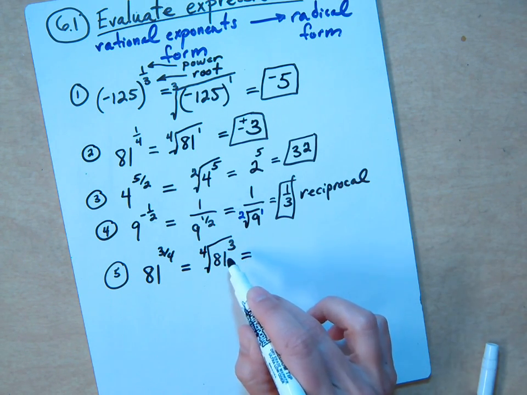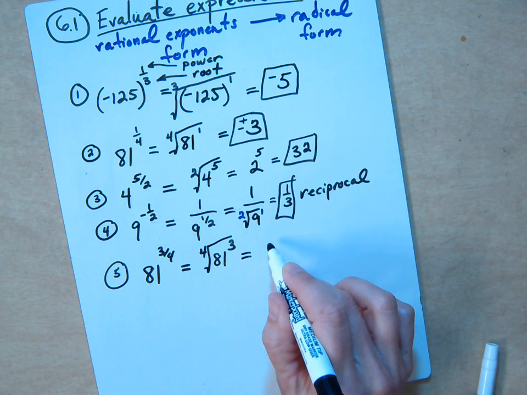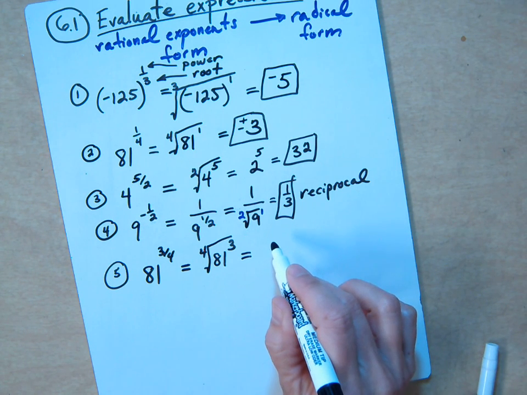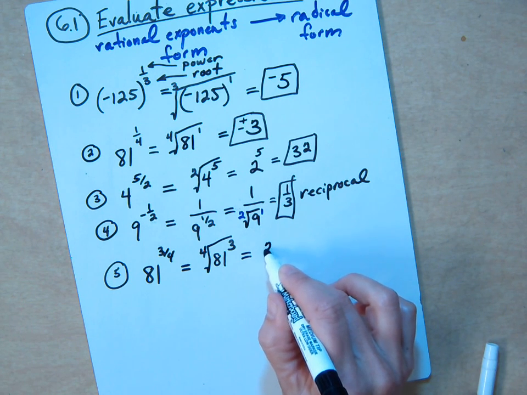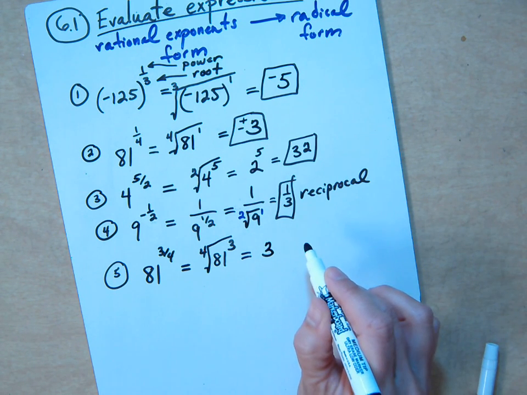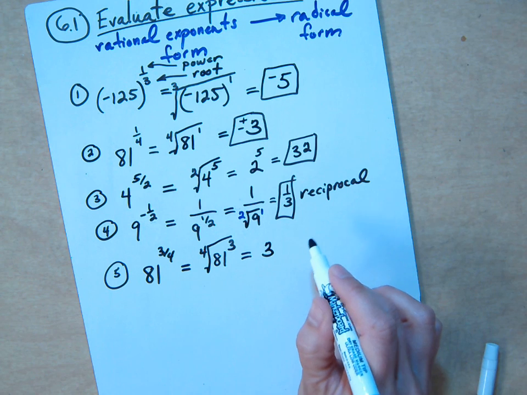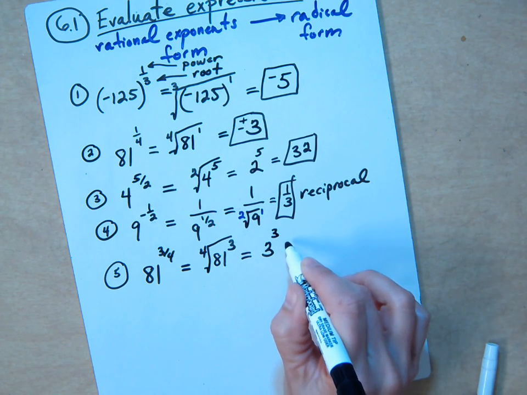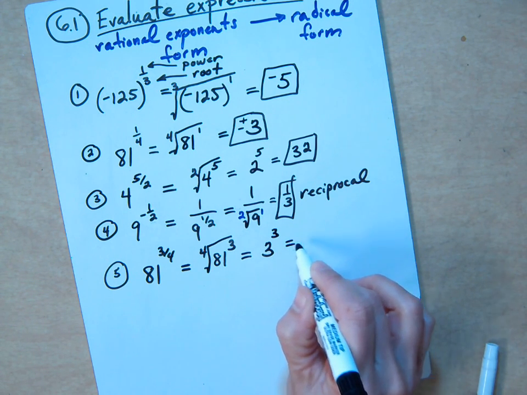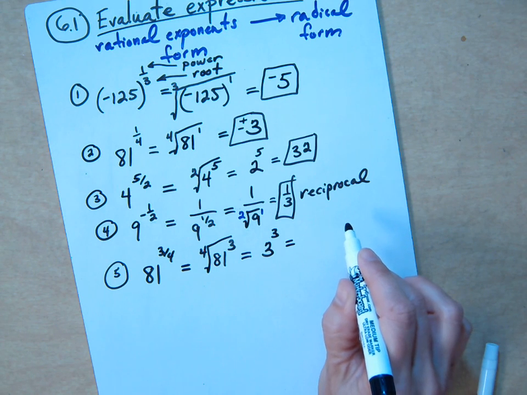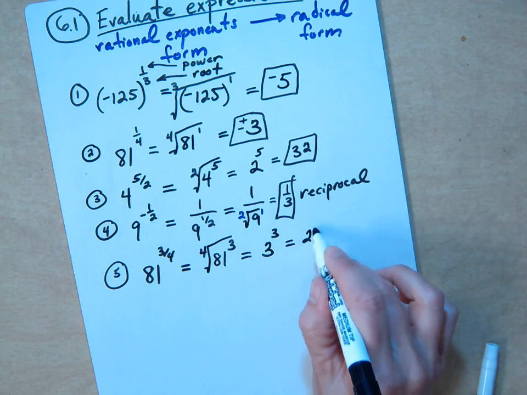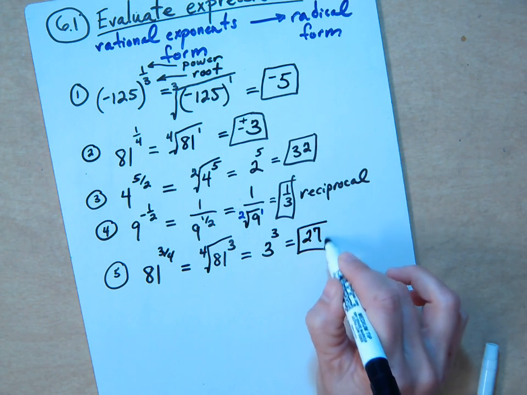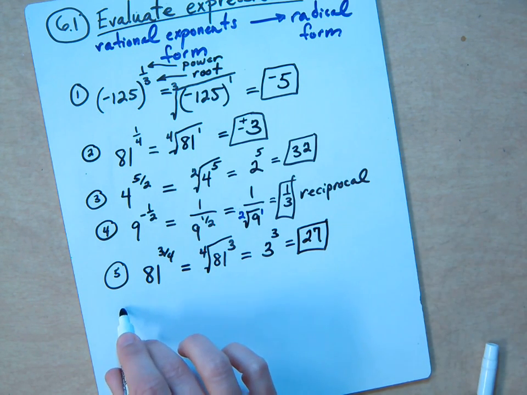So the 4th root of 81 is going to be either 2 or 3. Okay, it's 3. 3 times 3, 9 times 3, 27 times 3, 81. Then let's cube it. So what's 3 cubed? And do not say 9. Do you know how many times I see 9? 27. 3 times 3 times 3. That's what an exponent means.